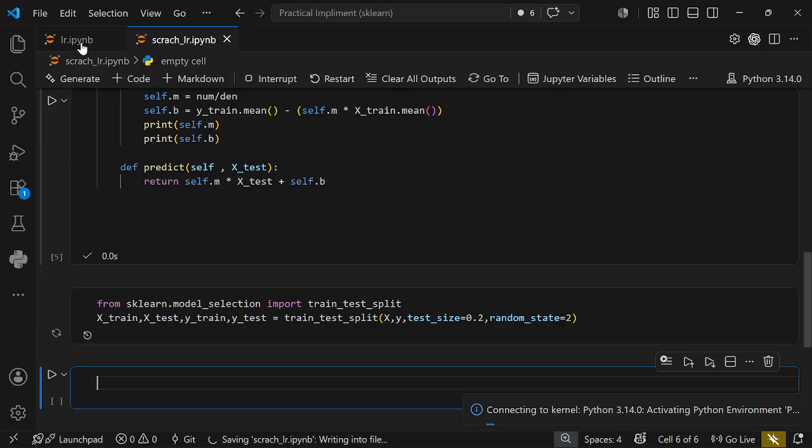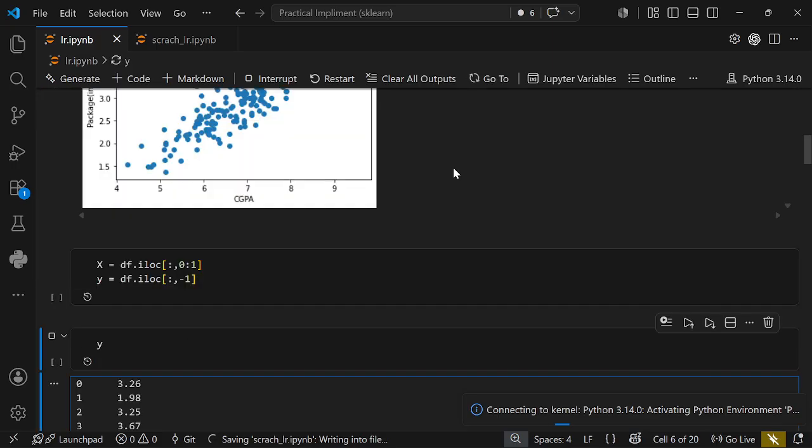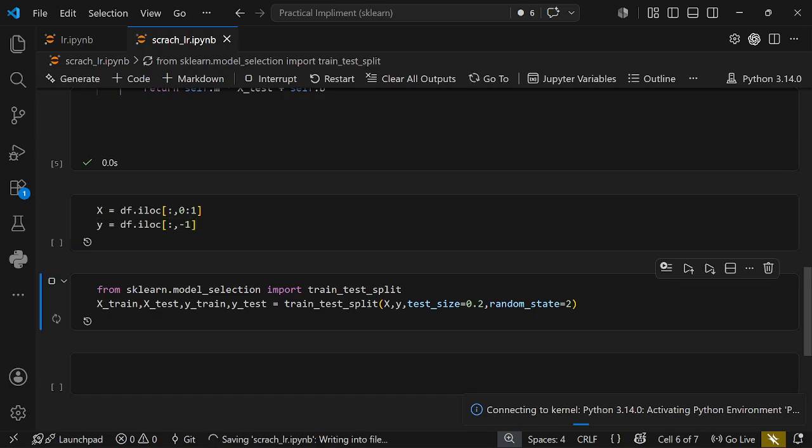We don't have the x and y here. Let's calculate the x and y first. Why is it taking the time?